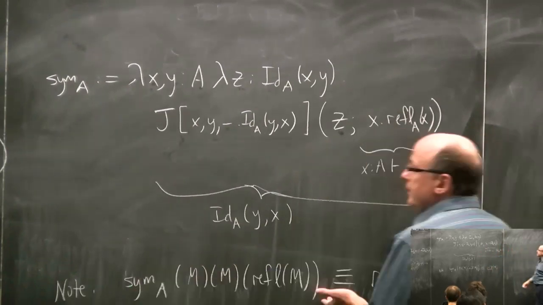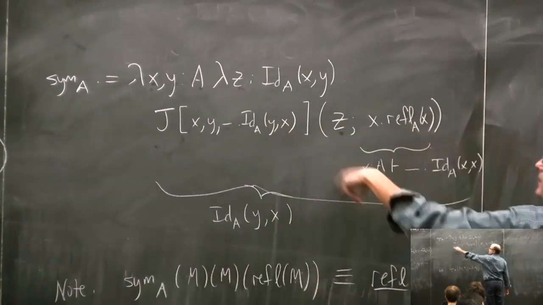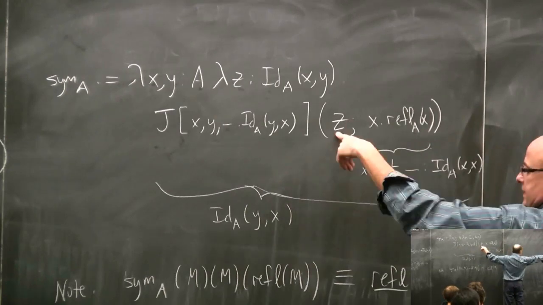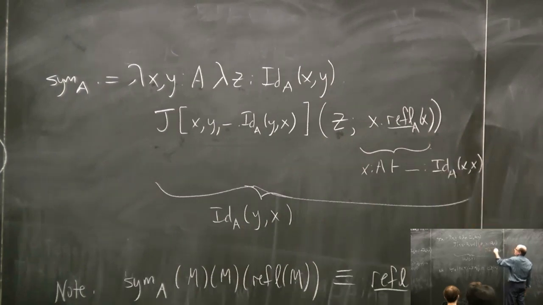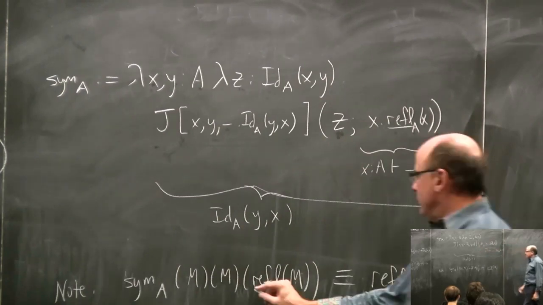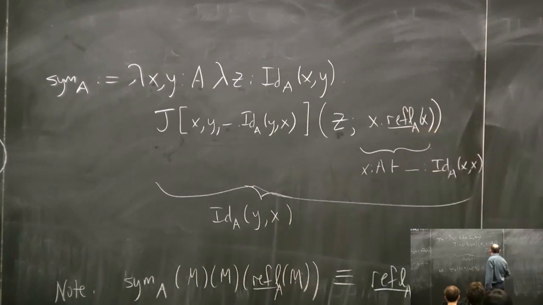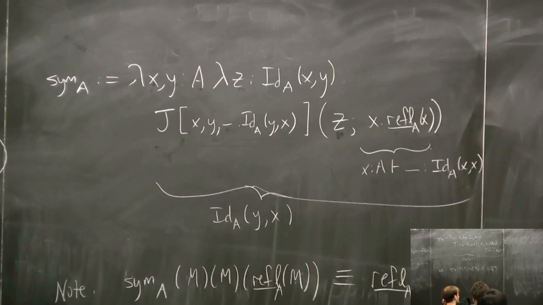Why is that the case? Because this application of symmetry is defined to be a J, and J has a computation rule right there, the beta rule for J. When you plug in reflexivity, it will compute and spit out, well, reflexivity. So it works. Okay, so this is what's happening here, and we try to be careful about all of that. So we'll need that. So that's the simplest possible case.